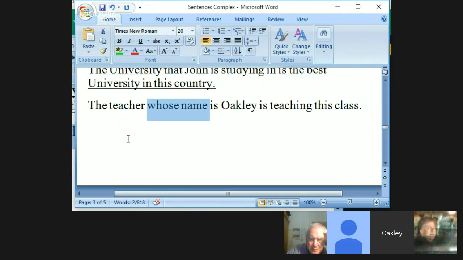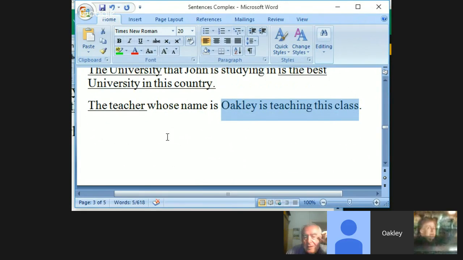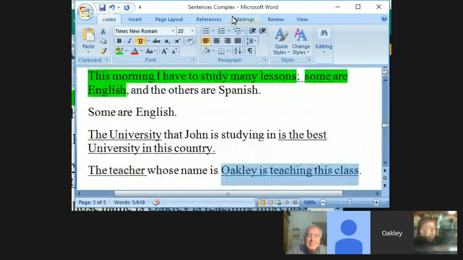It can only be used to show possession. So actually, that is correct. Again, the independent clause is the teacher is teaching this class. That's fine, and that's a complex sentence.